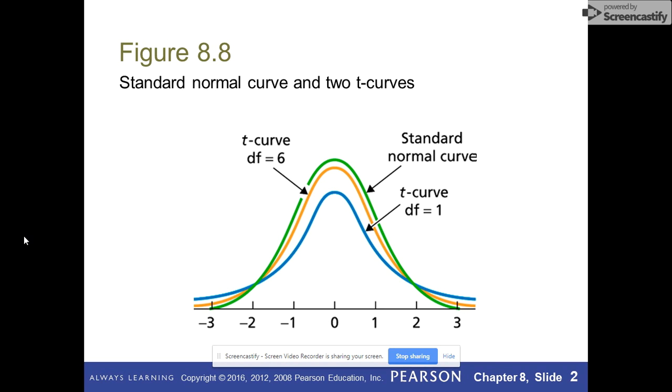We're going to discuss that a little bit more later. The big picture here is that the t curve and the z curve are pretty similar and have a lot of similar characteristics. But if we don't know the population standard deviation, we have to use the t curve to create our confidence intervals.